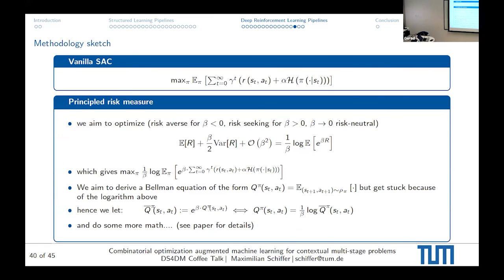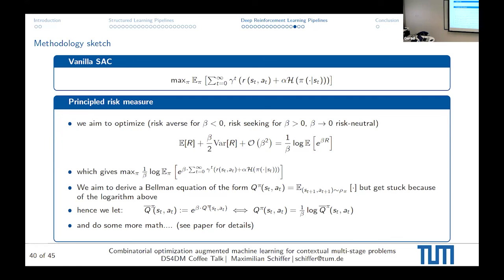It's actually a thing you cannot do, which is why you cannot continue directly with the risk measure you want to consider. But you can show that you can define a surrogate Q function where you just have the Q function that you had here in the exponent of an E function. And for this one, you can prove that you can derive a working Bellman equation.